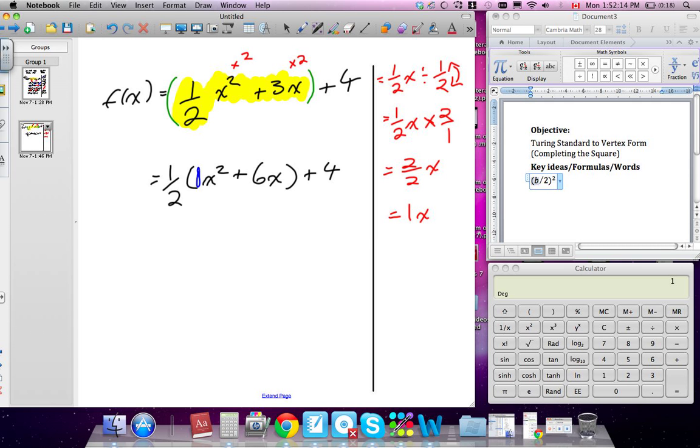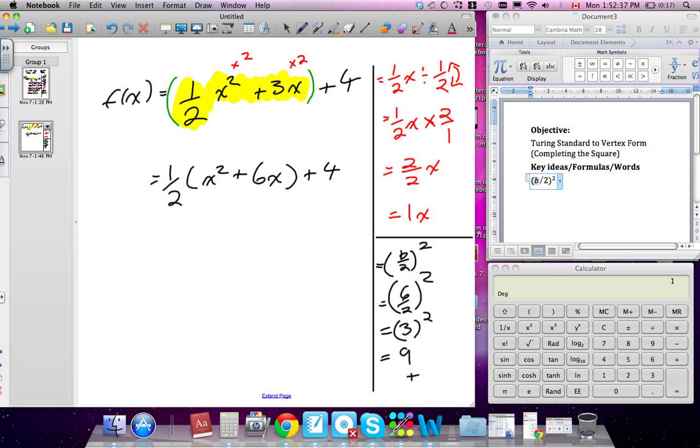Now that we've done that, we go right back to our little formula that we have written up here. We know we have to have b divided by 2 squared. It just so happens in the same question that b happens to be 6 again. Okay, so when we plug in 6, it's 6 divided by 2 squared, which is 3 squared, which is 9.